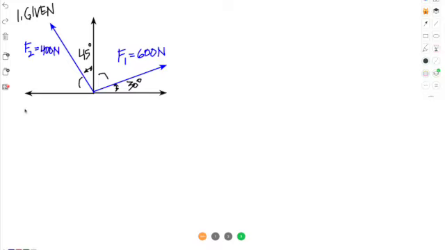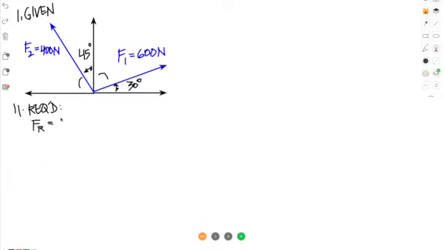So let's see what is required. The problem is just asking us for the magnitude and direction of the resultant force.